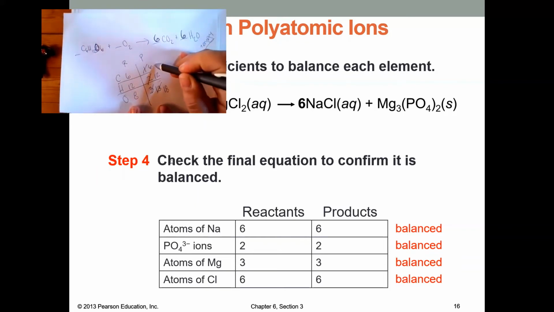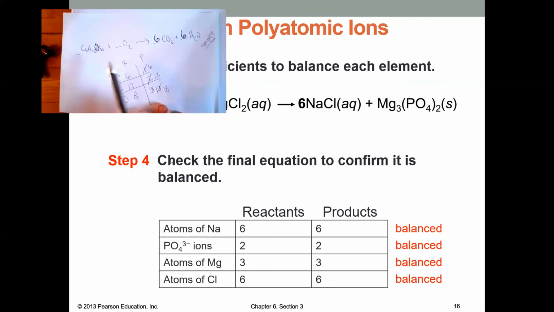Well, right now we're balanced in carbon, we're balanced in hydrogen, but 8 and 18 are vastly different. So what do we have to do here? We have to note that there are 2 different places for oxygen, right? So if we're balancing this one first, we have to remove the 6 that are associated with this glucose molecule. So I'm just going to take that 18, subtract 6 away, and that gives me 12.